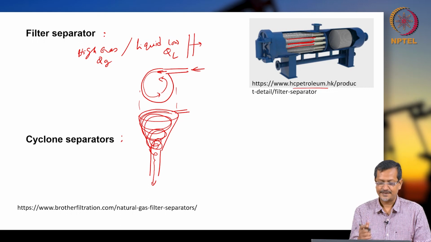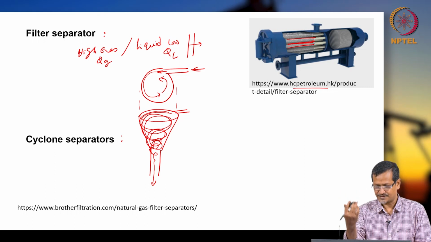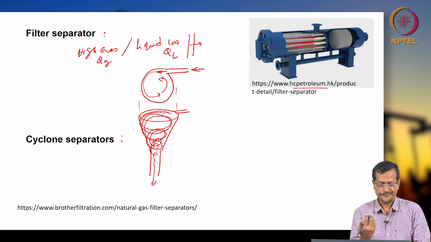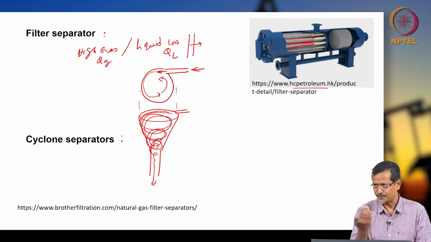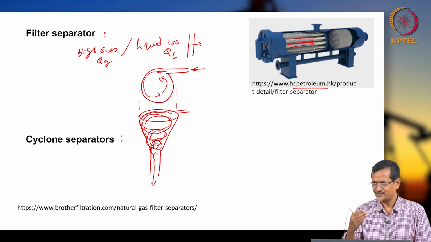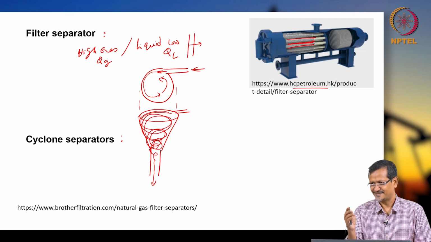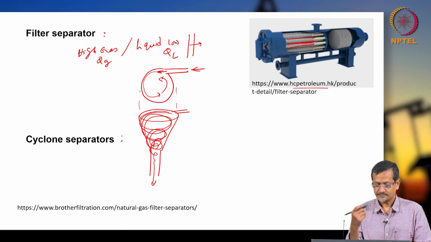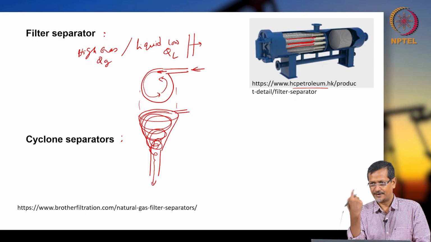Sand is high density, so sand will try to touch the cyclone separator surface, but oil also will try to touch, but oil will not get space. Sand will say, hey, my mass is higher, so I will touch this one, you cannot touch because of the density difference. Okay, but the sand will be rotating and going down.